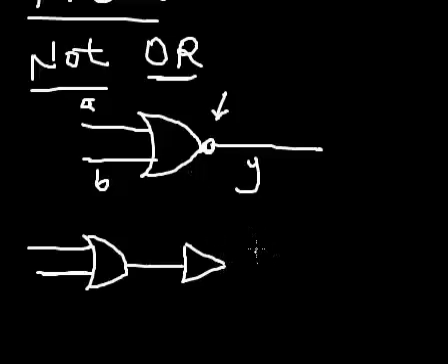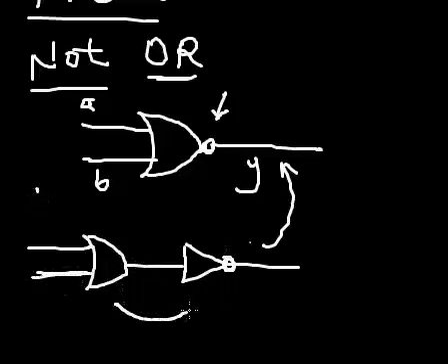So what you see here is still the same. This is equivalent to this, but this time you are writing it in full. That means the OR gate is passed through an inverter.